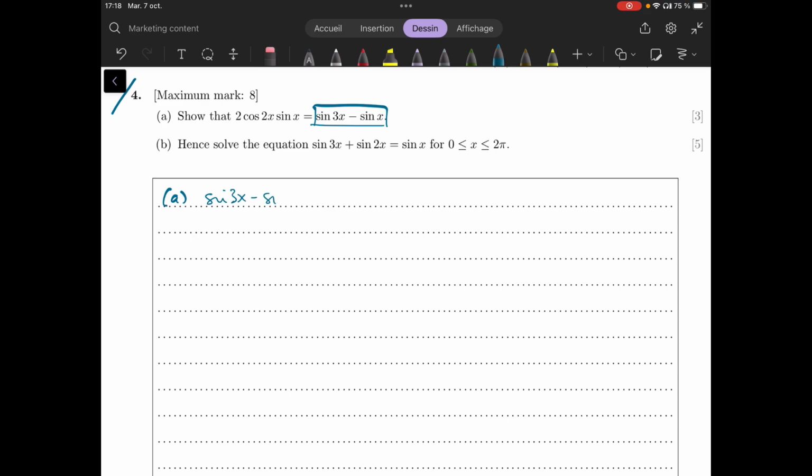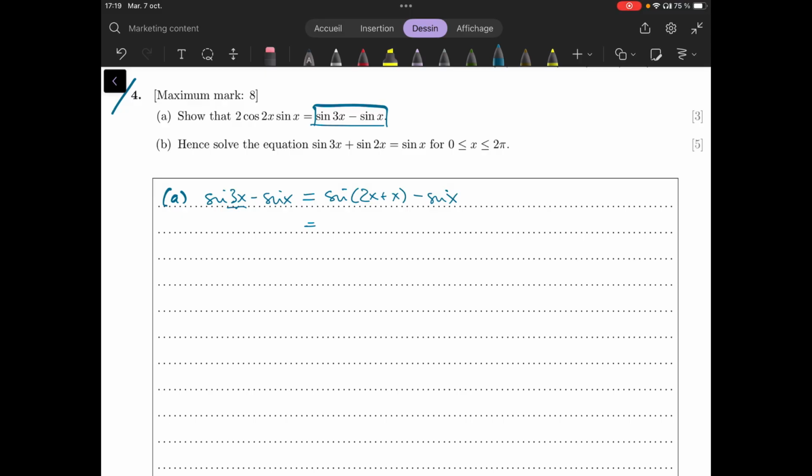So, sine of 3x minus sine of x. The reason why I decided to go with this is because I know that I will have to split the 3x into 2x plus x. Sine of a plus b.